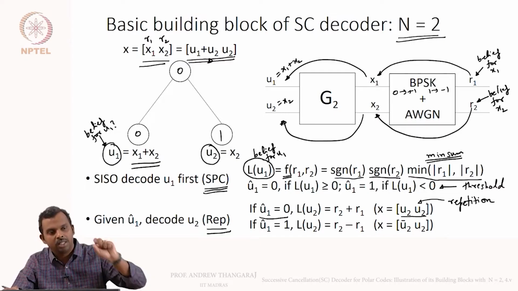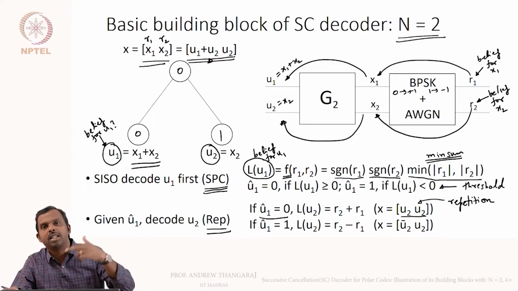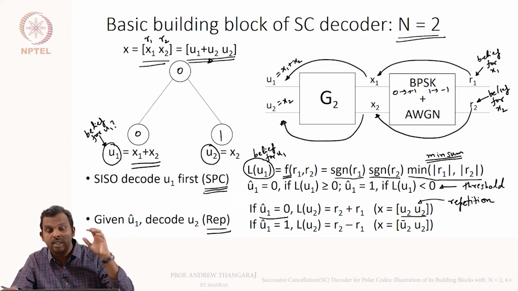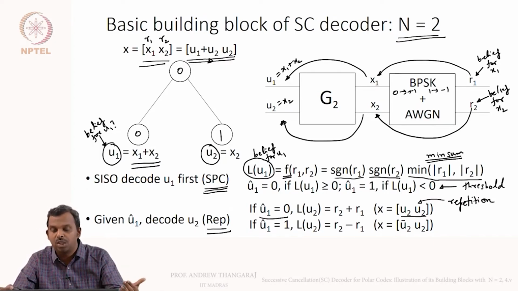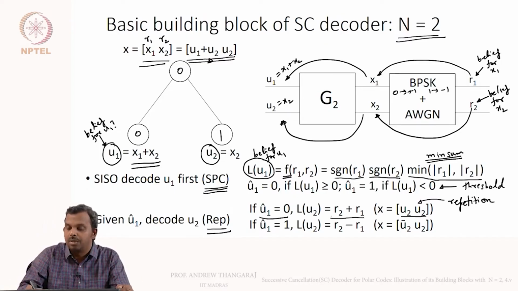You figure out u1, assume it's true, and find the next one. Once you know u1 is 0, it's actually a repetition code. x is just u2. So r1 is a belief for u2, and r2 is another belief for the same u2. When you have a repetition code, you simply add the beliefs.